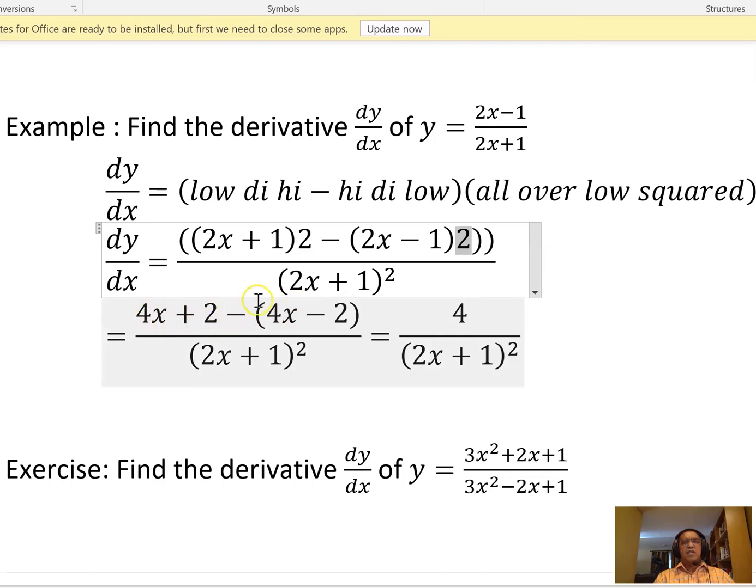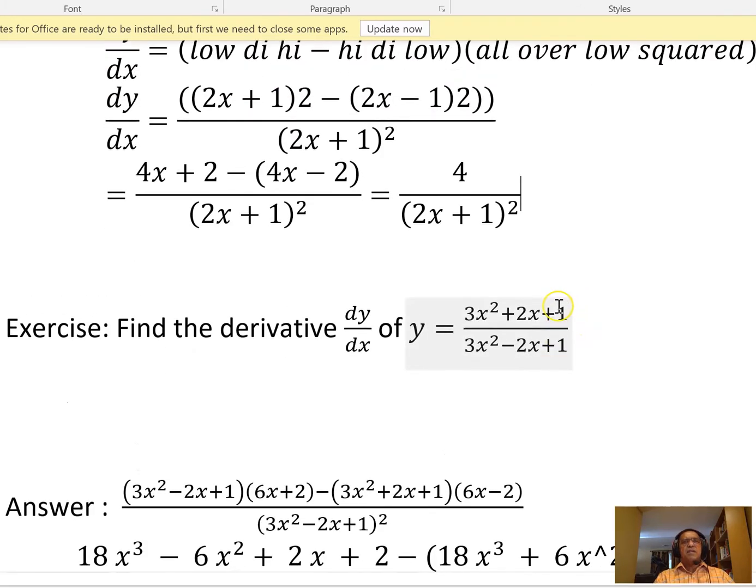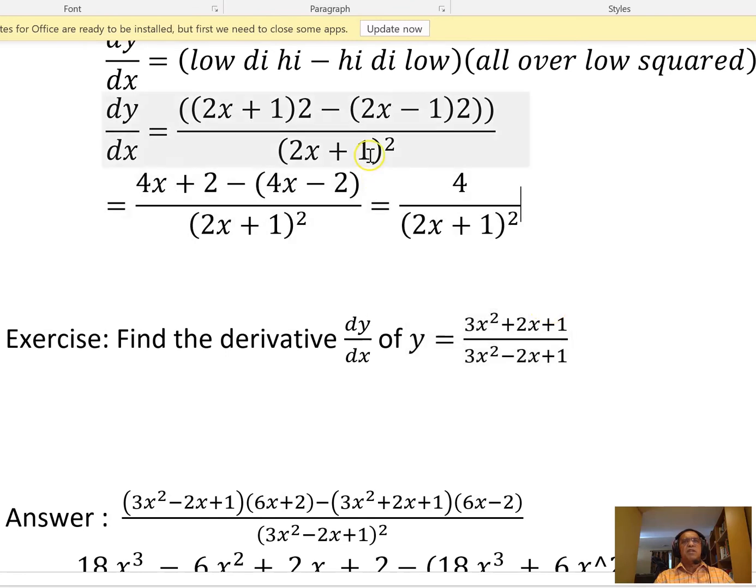And you get a negative is positive, which is positive 2, and the positive 2 and the positive 2 here becomes 4. So the 4x will cancel off, and you get 4 over 2x plus 1 squared, which is the answer. That's pretty easy. So just use the mnemonic or the formula low d high minus high d low all over low squared.